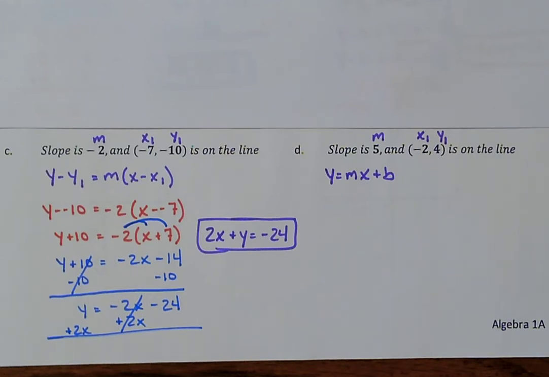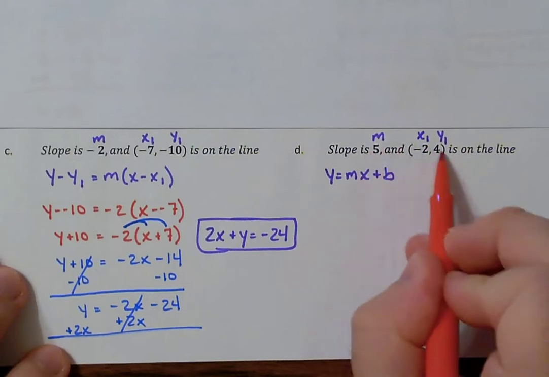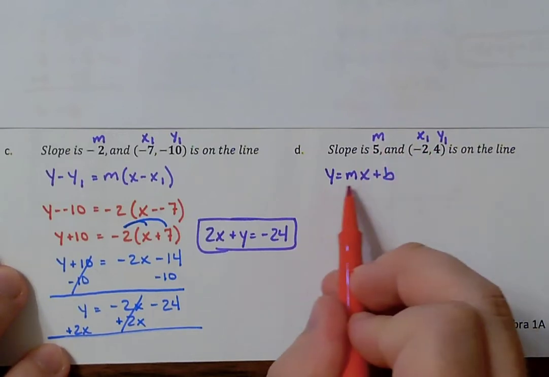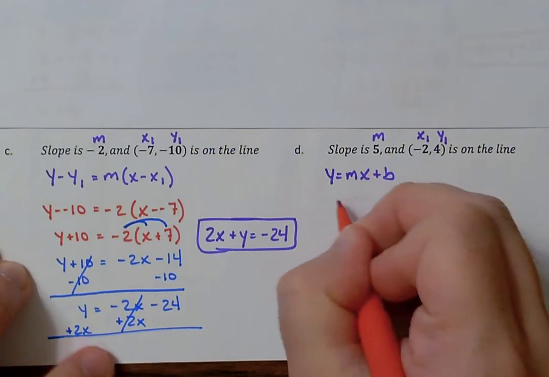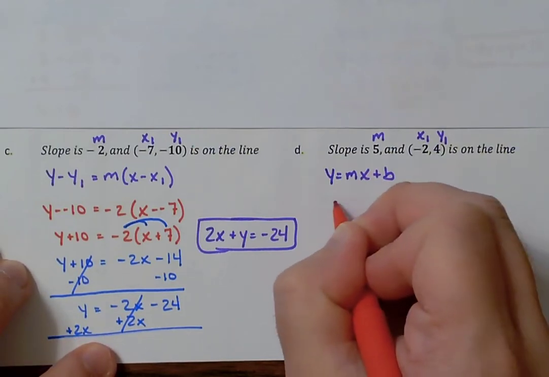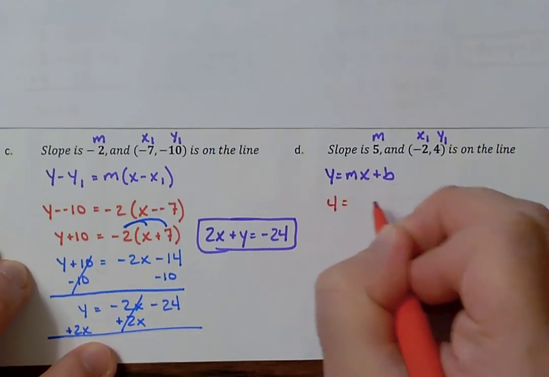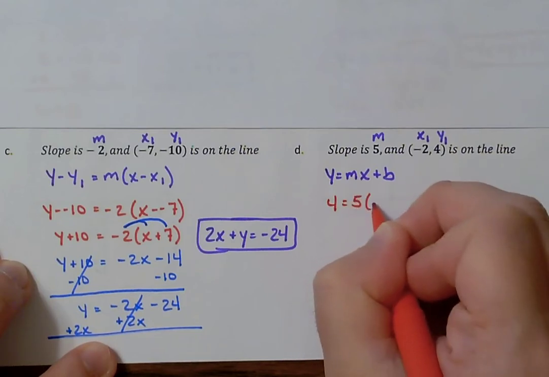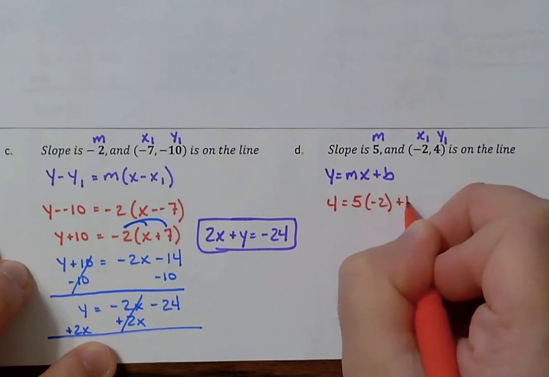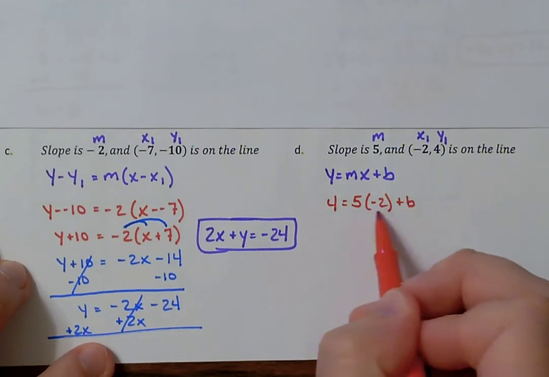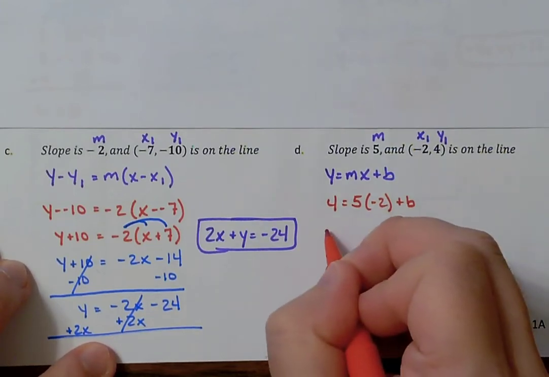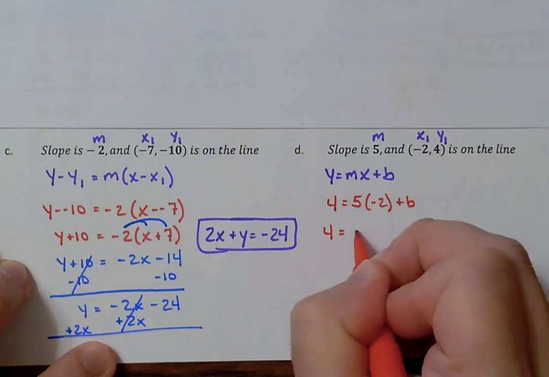So from here, we're going to plug all of this in for my m, my y, and my x. So we have y equals, so that's me 4 equals mx, so that's me 5 times -2 plus b. So we're going to go through and multiply this first. 5 times -2 is going to give me -10.